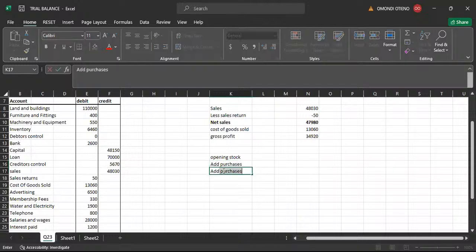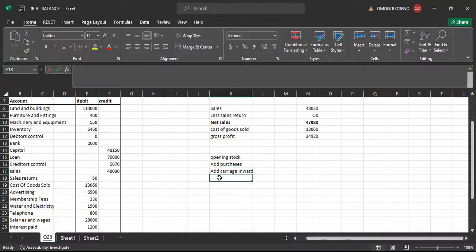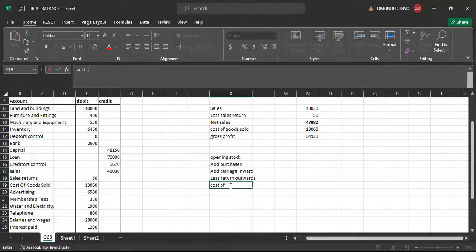Then we add carriage inward, then we less return outwards for us to be able to get cost of goods available for sale.